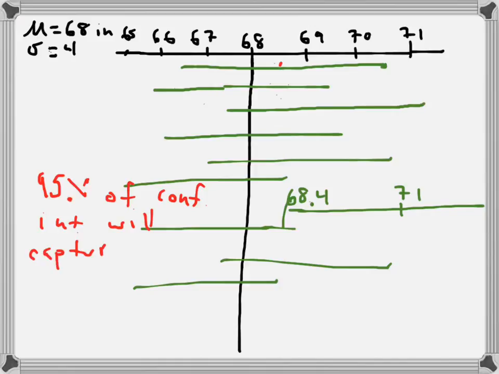Will capture, in this case, mu, the actual true mean. And that also means that 5% of random samples, by random chance, got lucky or unlucky, depending how you're looking at it, just missed the mean. And this is the idea about 95%.